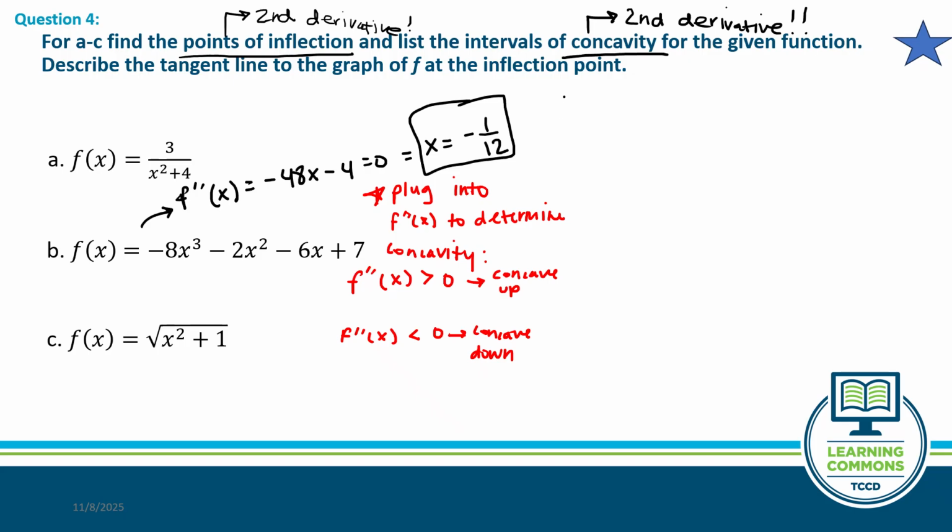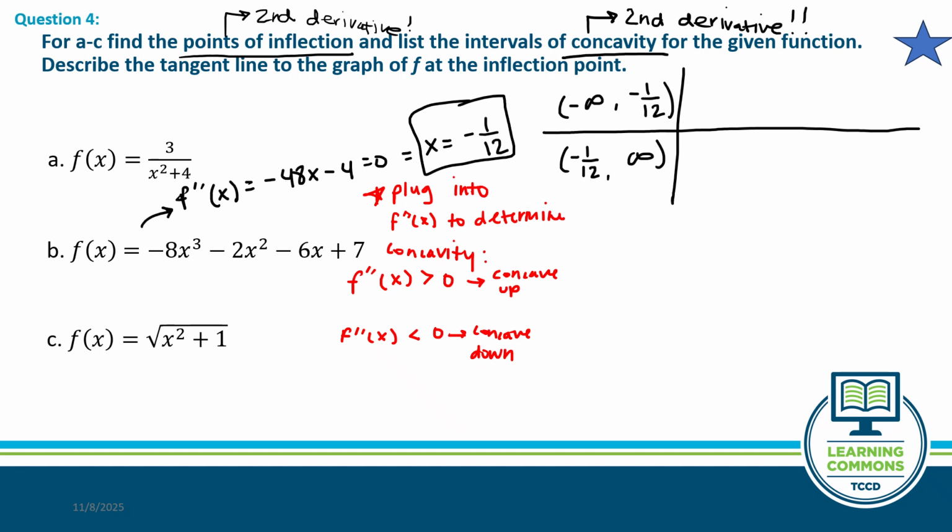Now, I just have two test intervals, so negative infinity to negative 1/12, and then negative 1/12 to positive infinity. So again, create a little chart. My test values were negative 2 and 2. Plug those into your second derivative. Should be something like a negative and then a positive.